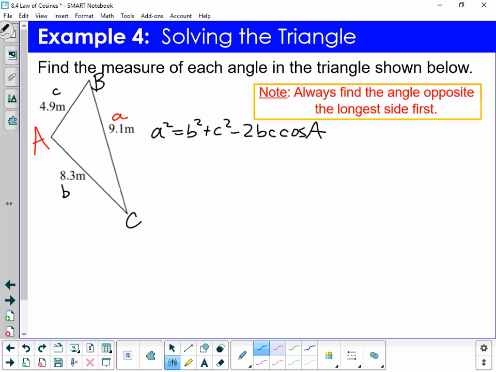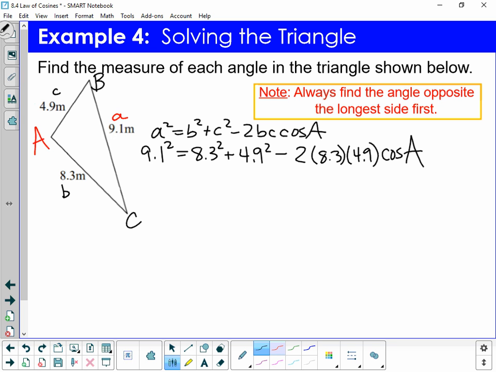You could have flip-flopped that if you wanted. I'll put in the values that I know: 9.1 squared equals 8.3 squared plus 4.9 squared minus 2, the B value, the C value, and cosine angle A. That angle A is what I do not know.